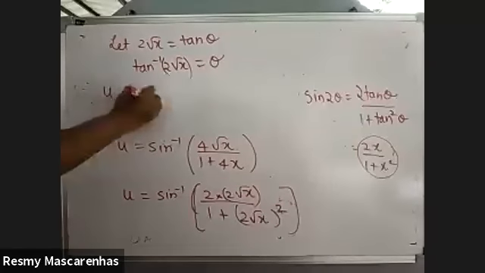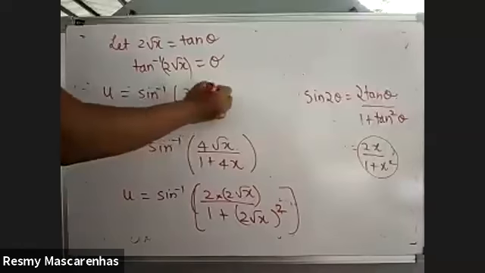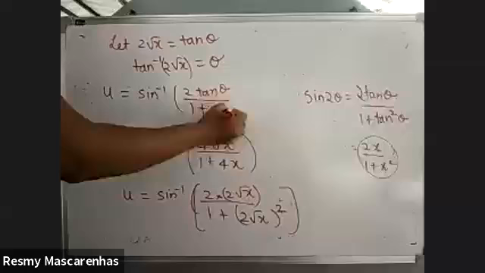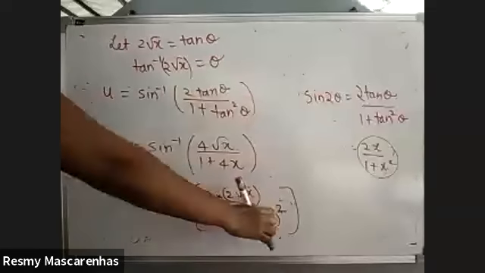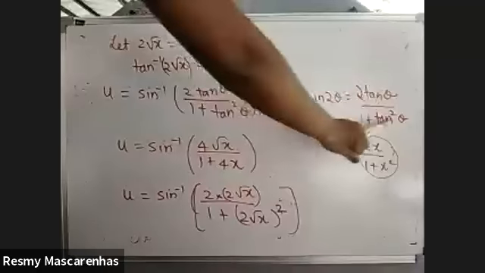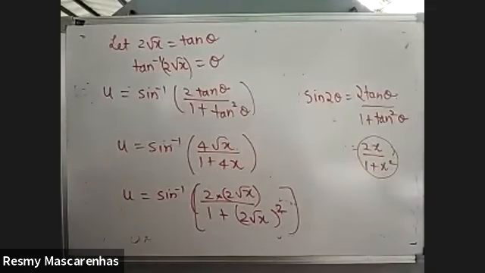u will be equal to sine inverse of 2 tan theta upon 1 plus tan square theta, because this is the square. And now you know the answer. 2 tan theta upon 1 plus tan square theta is nothing but sine 2 theta. And then sine and sine inverse will cancel.